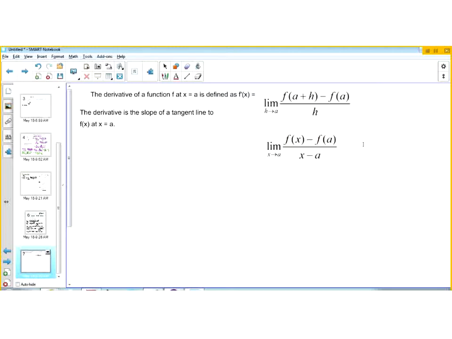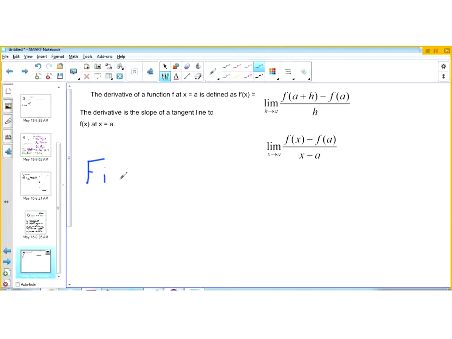So this would be delta y over delta x, provided that you take the limit as x approaches a. These are two alternative definitions that we will use quite extensively.